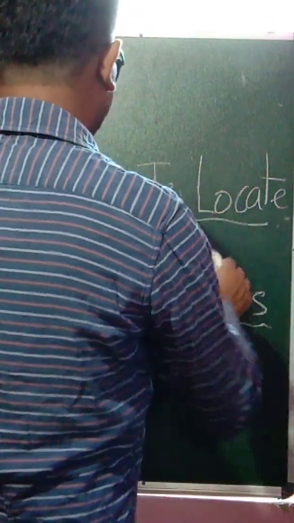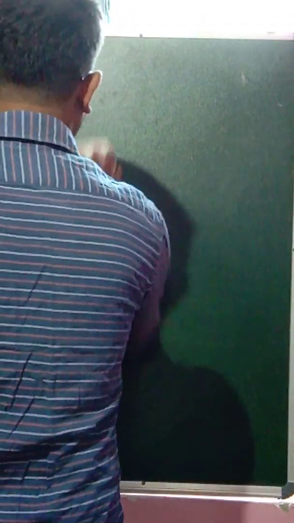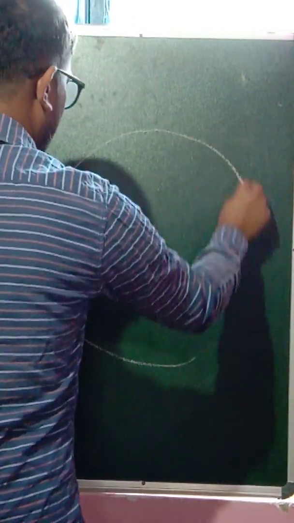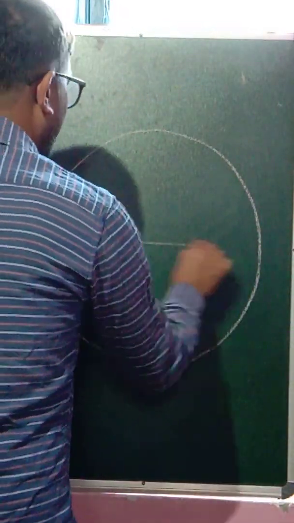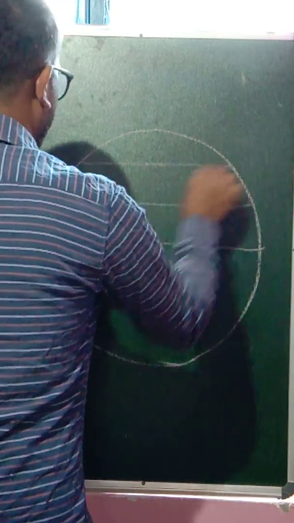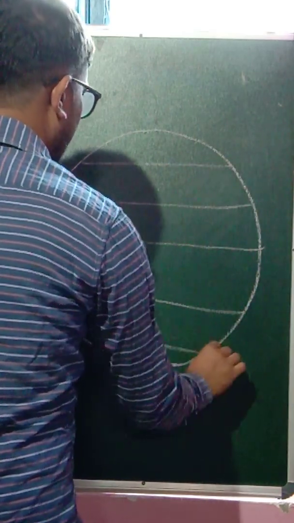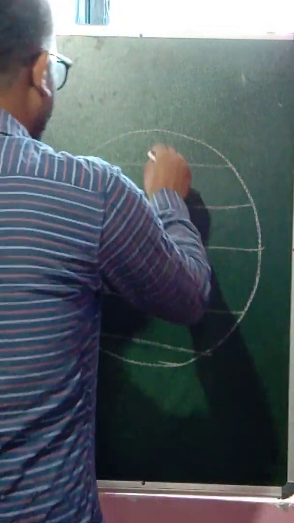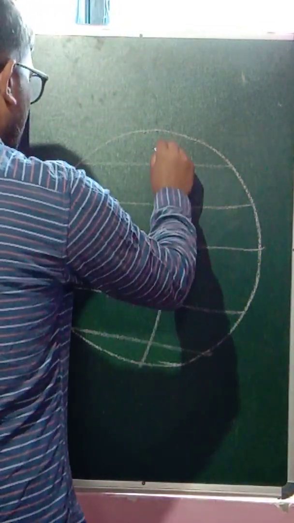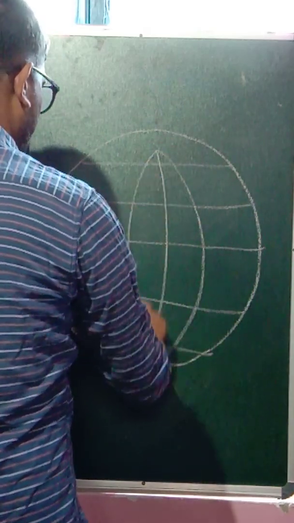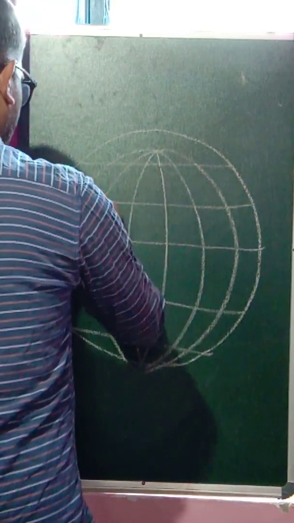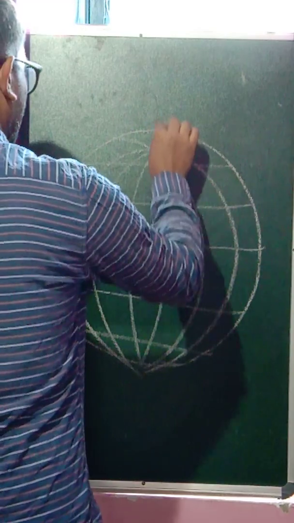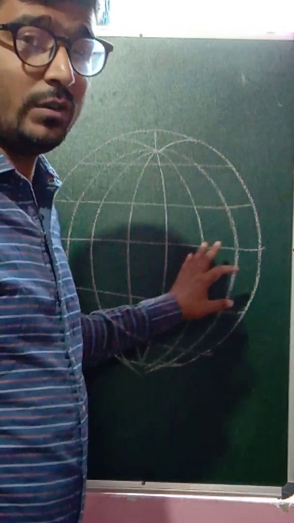Now, first of all, grid. What is a grid? As we see on the globe here, we understand that there are many lines of latitude, and in a similar way there are different lines of longitude.